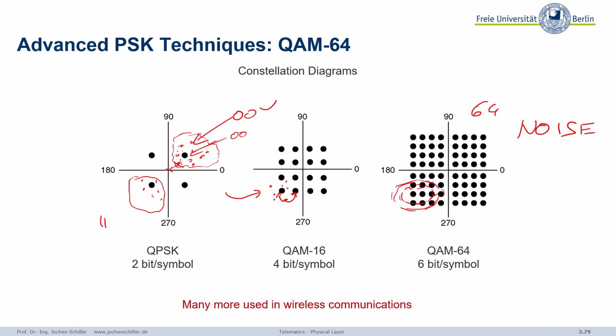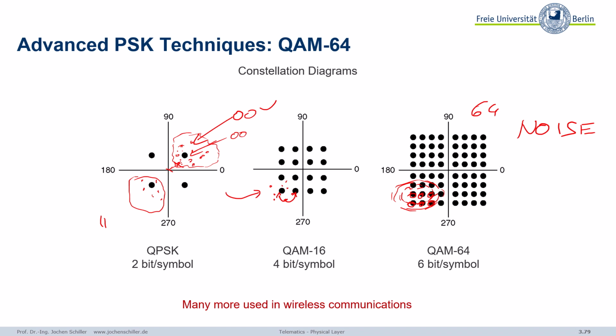Yes, it's still in the lower left corner, but how to map this to the correct symbol if you code now 6 bits per symbol? So noise again limits. Remember, we had these multi-level symbols, and now we have multiple points in these constellation diagrams, and we cannot simply go to higher and higher modulation schemes if we have noise.